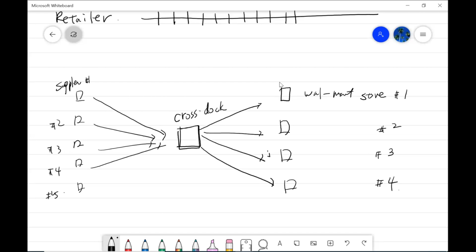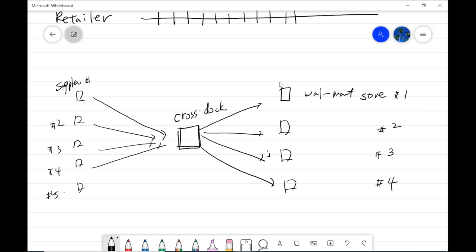Also, because the products are already sorted inside the cross-dock, the time to deliver the products gets shorter. In this system, each Walmart store doesn't have to hold a lot of cycle inventory.